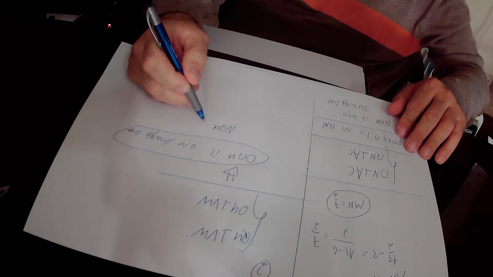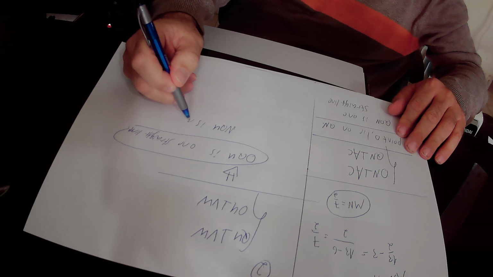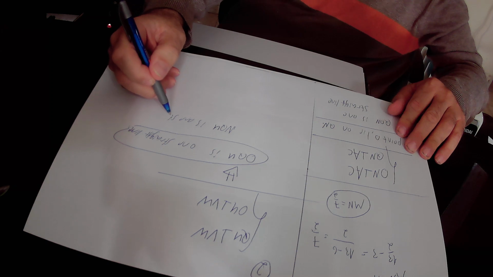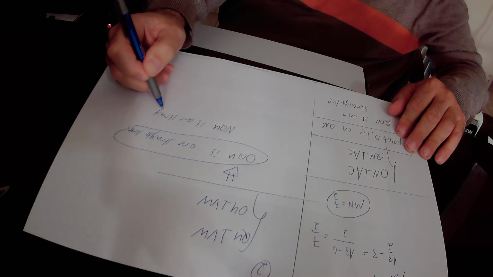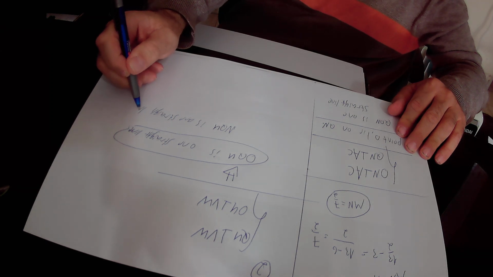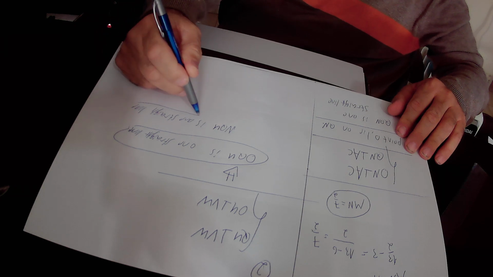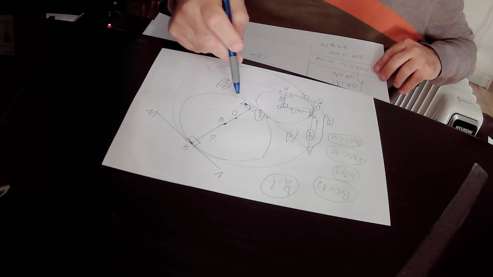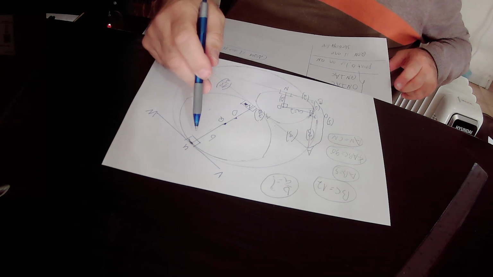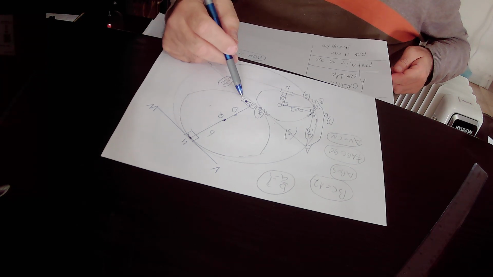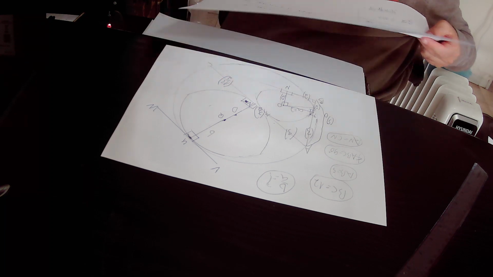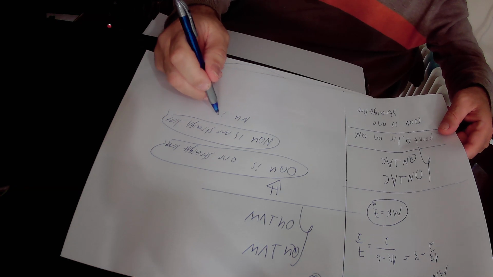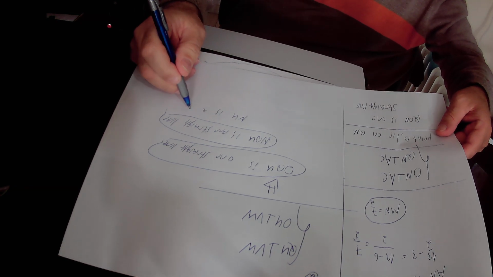Line segment NQU is one straight line. So if NQU is one straight line, it means that NU is also a straight line.